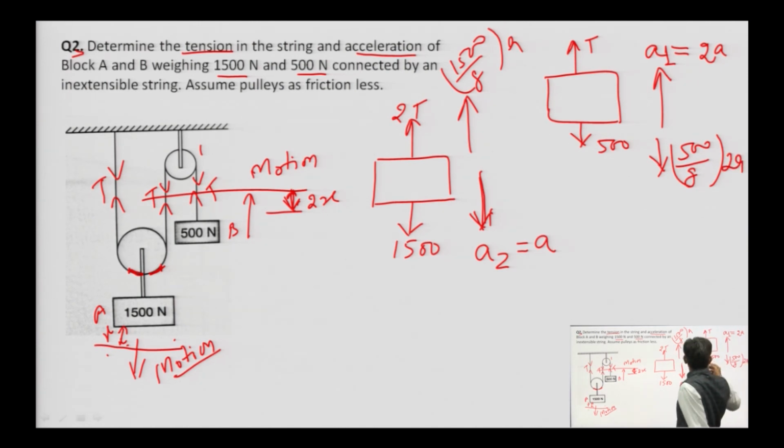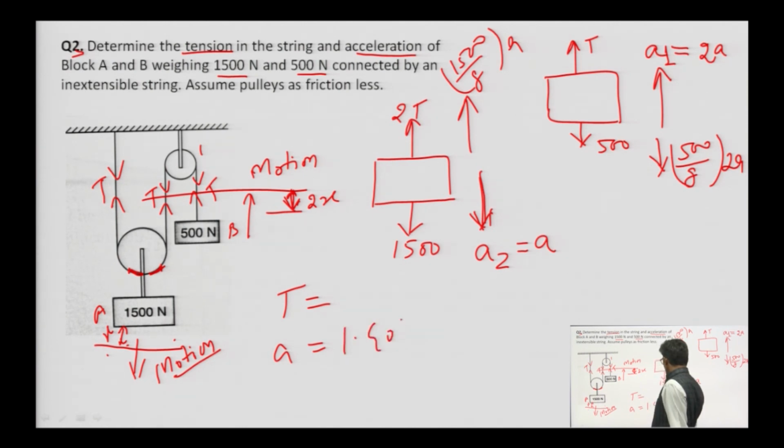Now apply sigma F equal to 0, then we can have the values of T and a. The value of a is 1.401 meter per second square, and the value of T is 642.89 Newton.